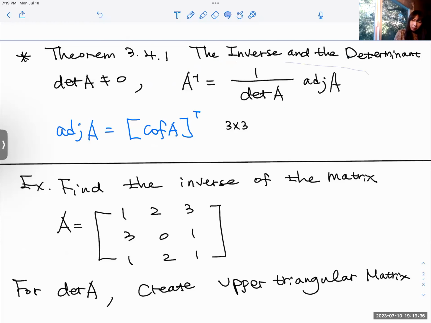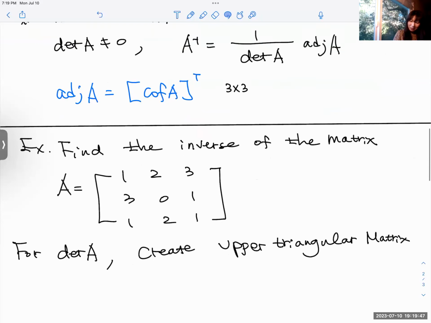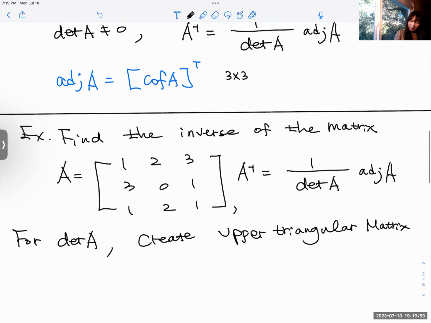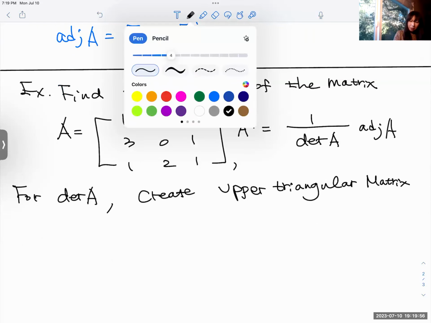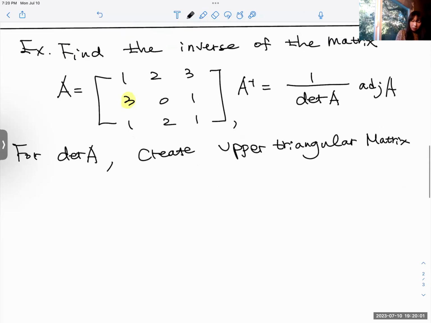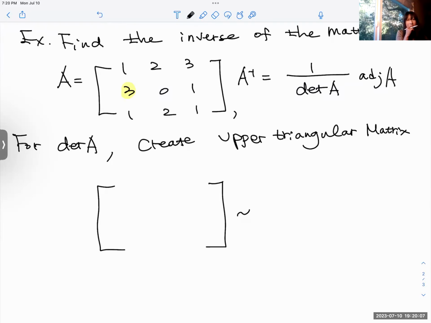Okay, so we want to make a 0 here. How do you make a 0? We could subtract 3 times one of the other rows.